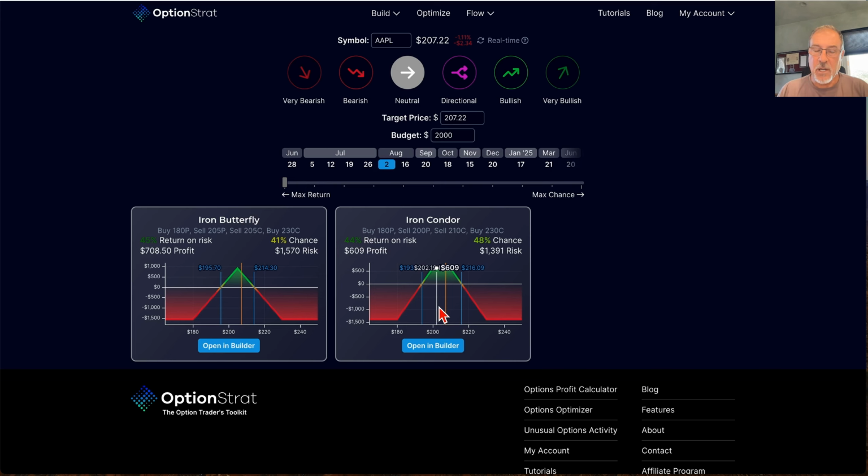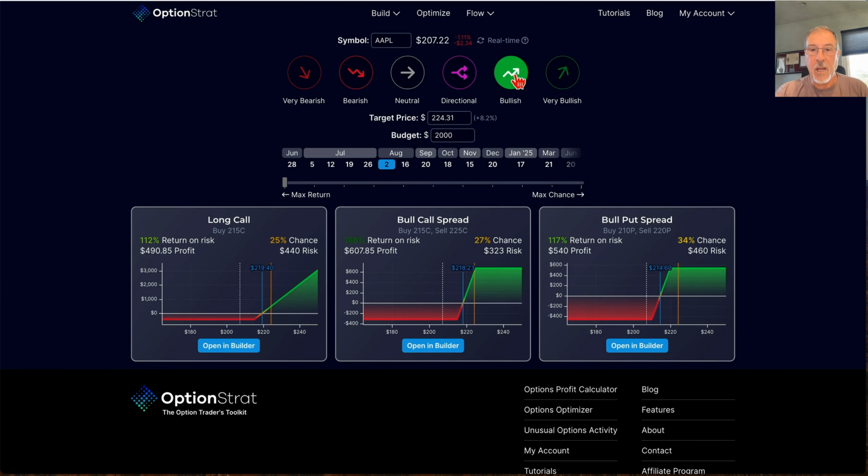All I really wanted to do with this was just to illustrate the trade-offs that all of us as traders face as to where we want to place our risk, where we want to place our reward. And the same is true whether I'm looking at a neutral trade like this, or maybe a bullish trade. I've got the same thing here where I can come in and say, okay, I'm using the same parameters, a budget of $2,000.